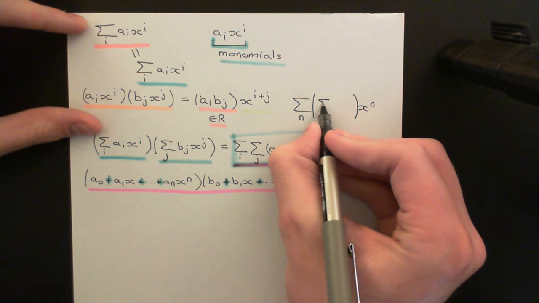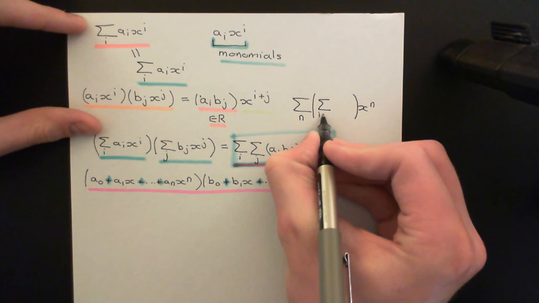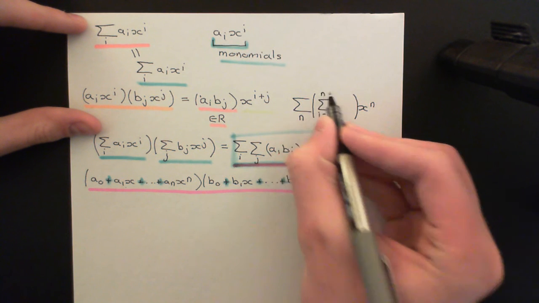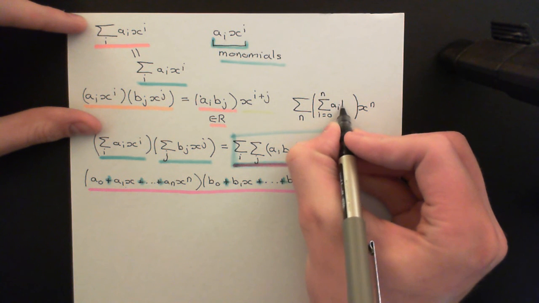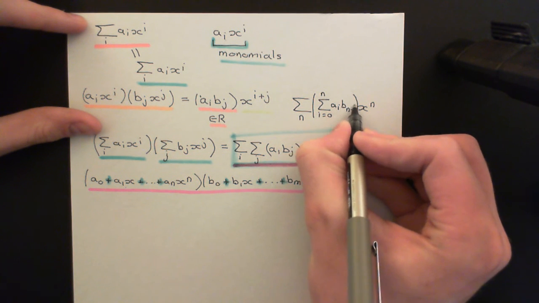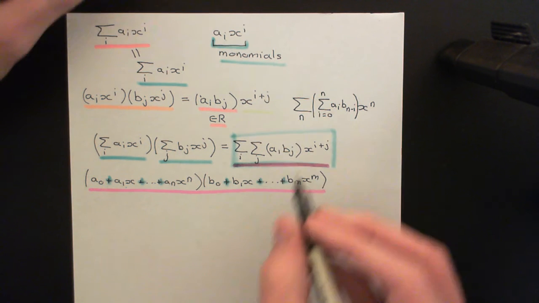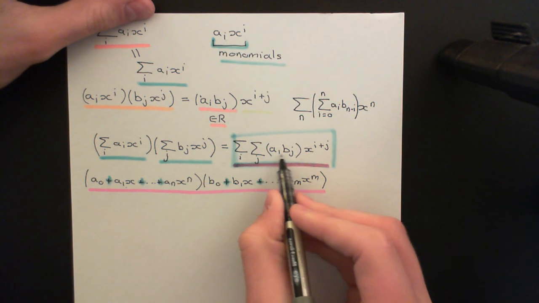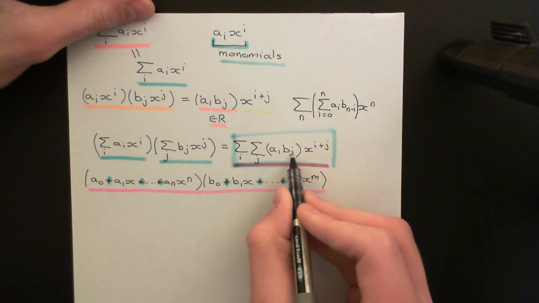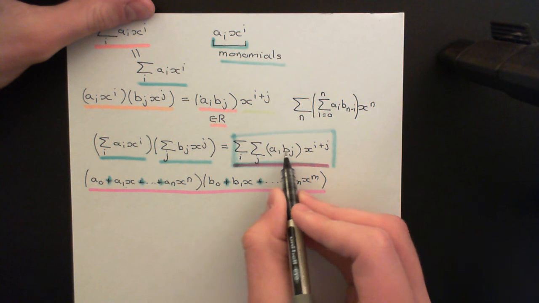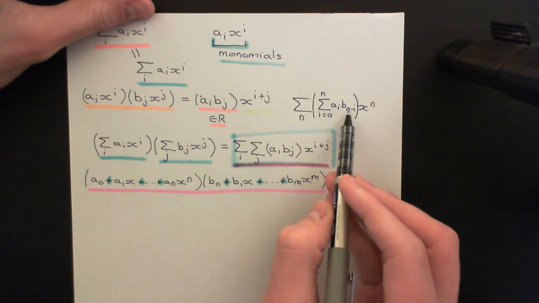So we want the sum from i equals 0 to n of a_i times b_(n minus i), and I hope that makes sense, because what I want is i plus j to equal n. I want all combinations of i and j such that i plus j is equal to n.